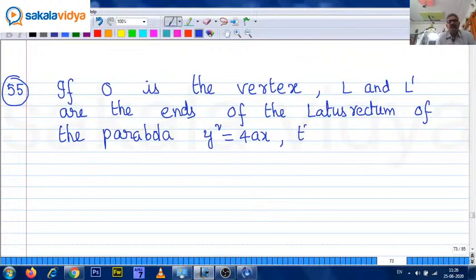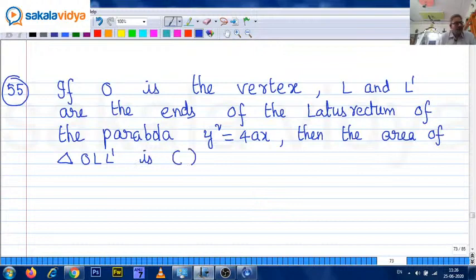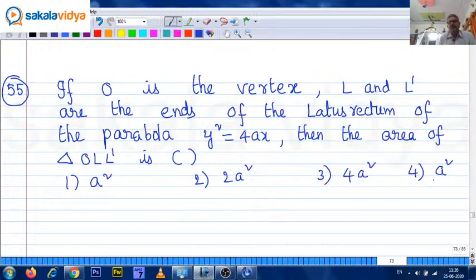Then the area of triangle OLL dash is, first option a square, second option 2a square, third option 4a square, fourth option a square upon 2. This is the question.